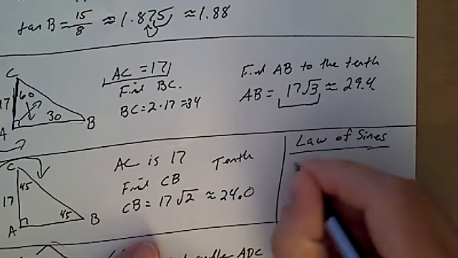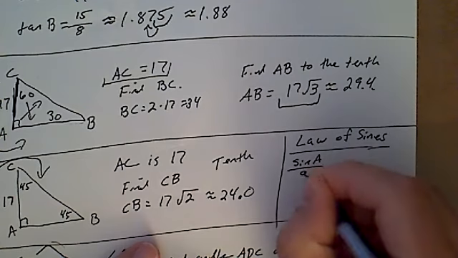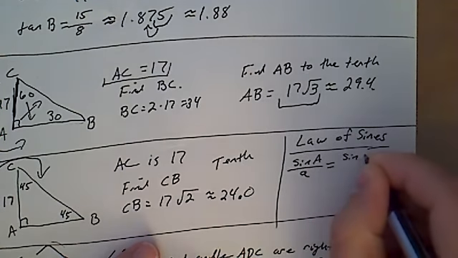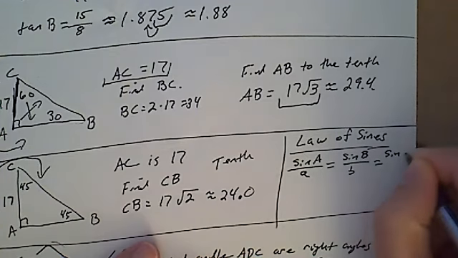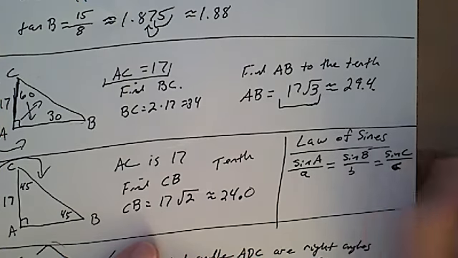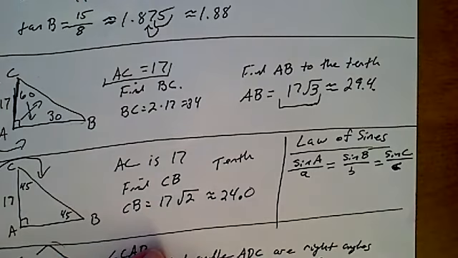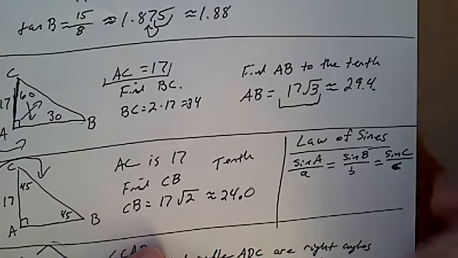In general, the law of sines says the sine of an angle over the side opposite it equals the sine of some angle over the side opposite it. But those problems come from your homework assignment.